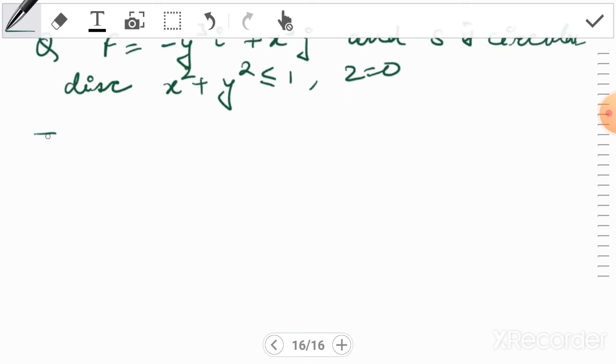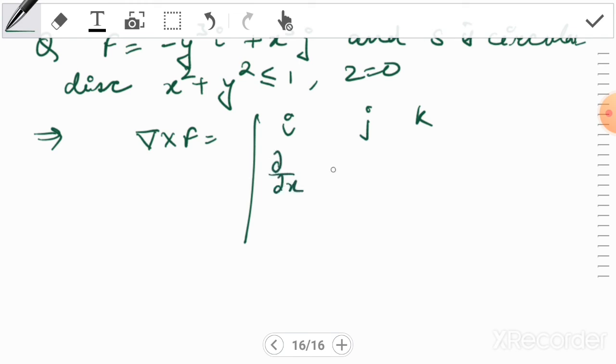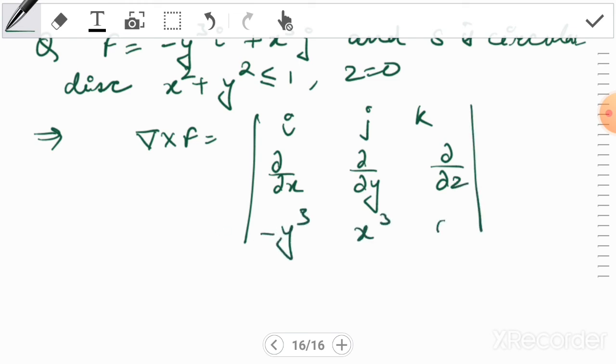So let us find del cross F, which is the determinant of i, j, k, del by del x, del by del y, del by del z, minus y cubed, x cubed and 0.